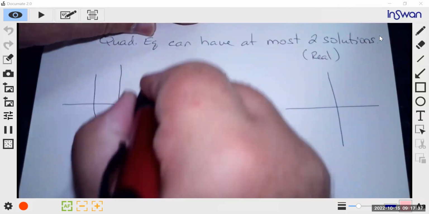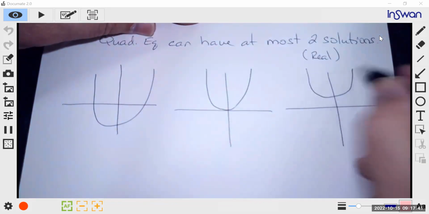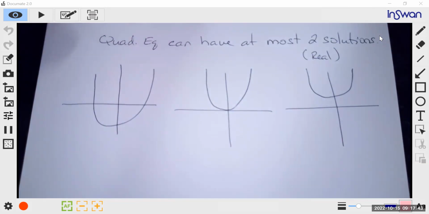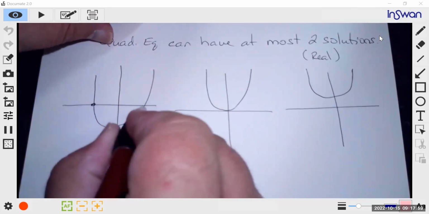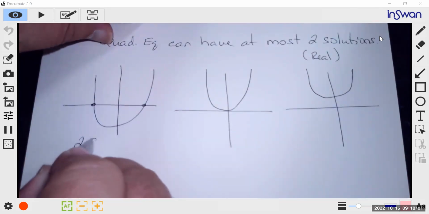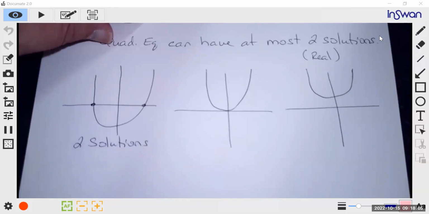So our graphs can look like this. A quadratic equation can have two solutions. Those are the x-intercepts.